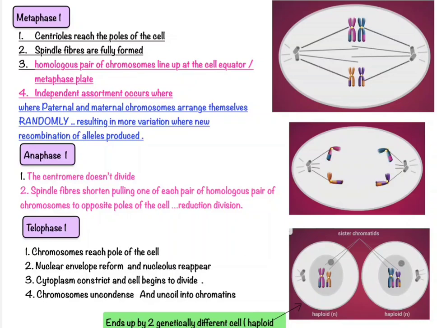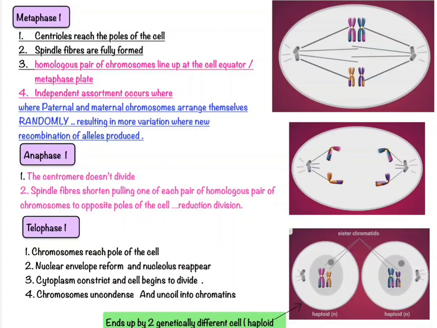About metaphase 1 actually. We're also going to start with a part that has mitosis included too, like this black part, where in metaphase the centrioles reach the poles of the cells. They were actually moving towards them in prophase. Now they finally reached the poles of the cells.